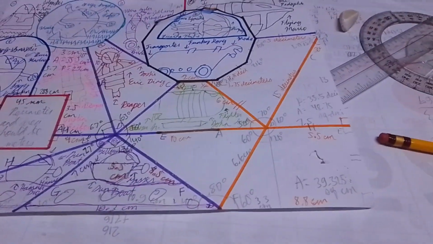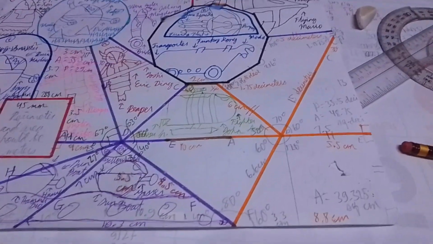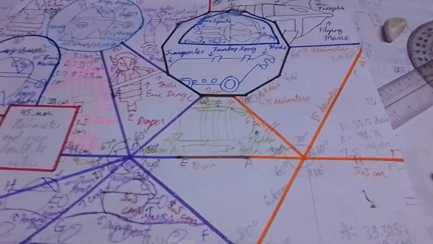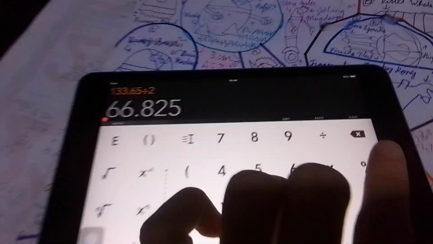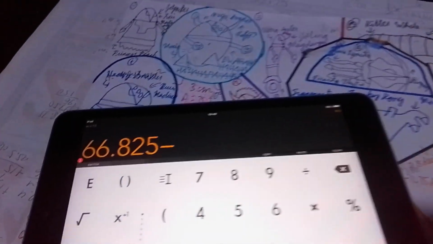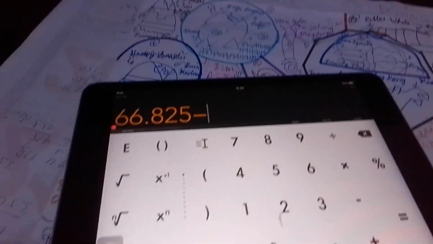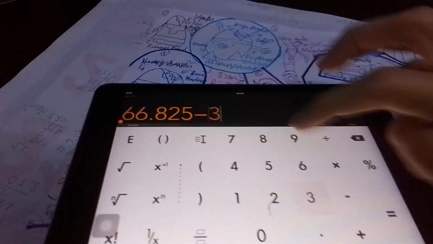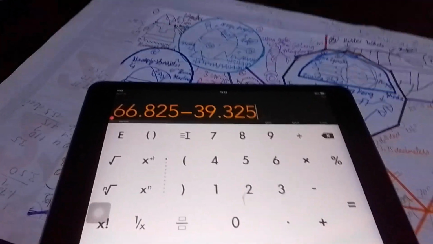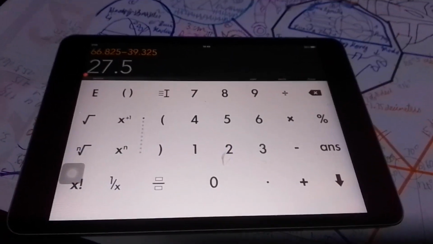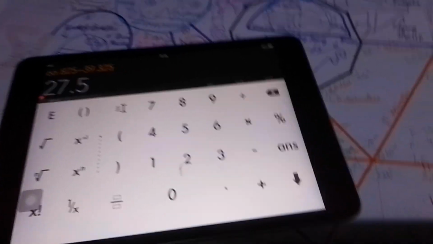If your answer is to deduct the area of the small trapezoid, which we got in the first place, you are correct. So this is our formula: 66.825 minus the area of the trapezoid, which is 39.325. We should get rid of that area so that we can get the area of 27.5 square centimeters, which pertains to the area of this triangle.